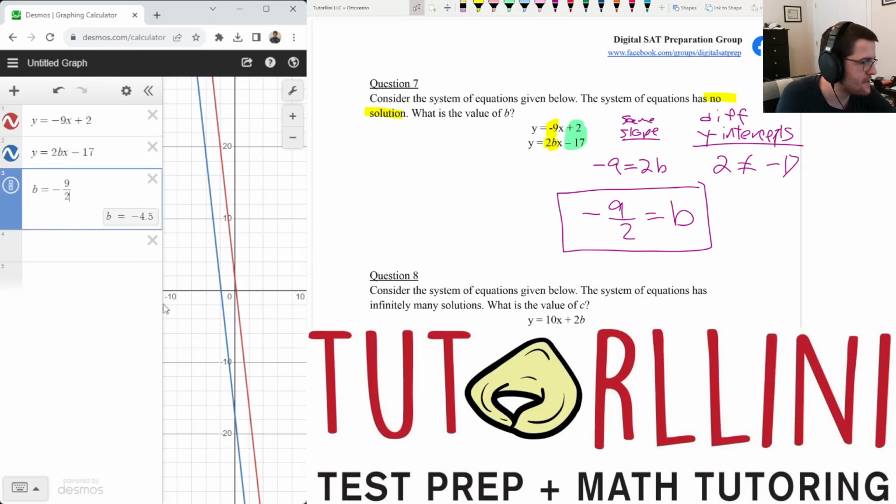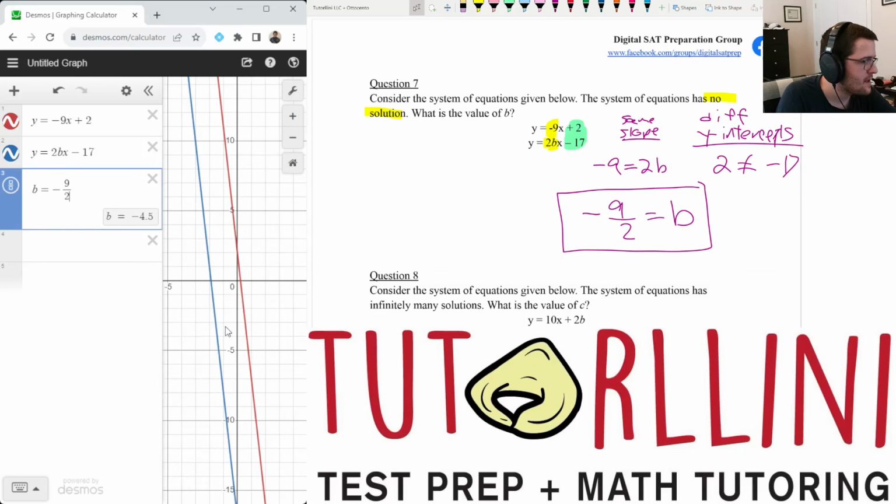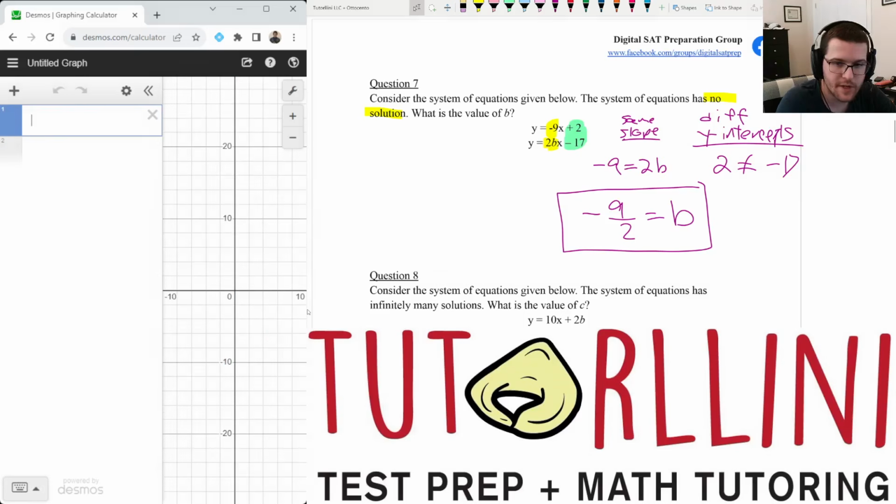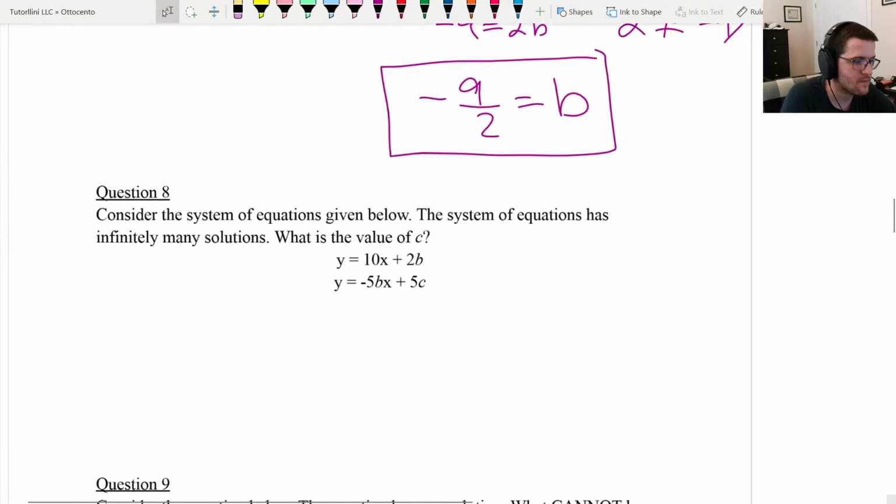And it certainly seems like these guys have no solution. They are parallel and they never cross. So it seems like we did a good job. Great, let's come back over here. Okay, this one has infinitely many solutions, so we're going to do same slope.